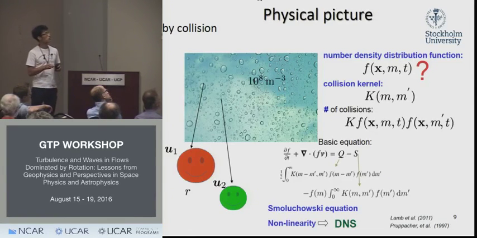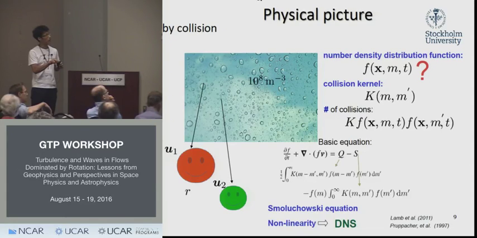So to obtain this number density distribution function, we just solve this Smoluchowski equation. Here we have the source term, which means that 2 cloud droplets with size m and m prime collide with each other, and with this certain size, they have a number density distribution function.